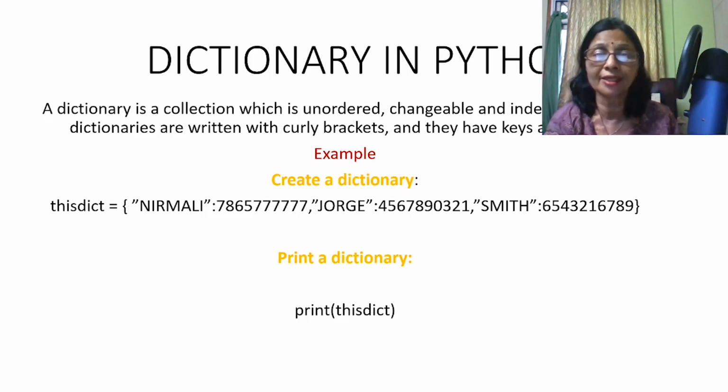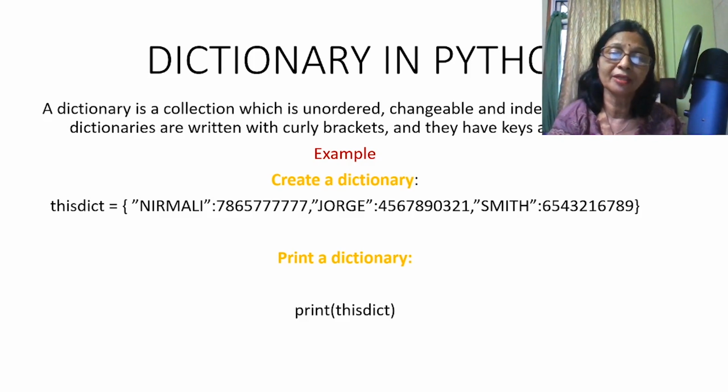These three are keys, and the numbers 7865 and so on are the phone numbers of the persons. To print this dict, we use the normal print statement used in Python.